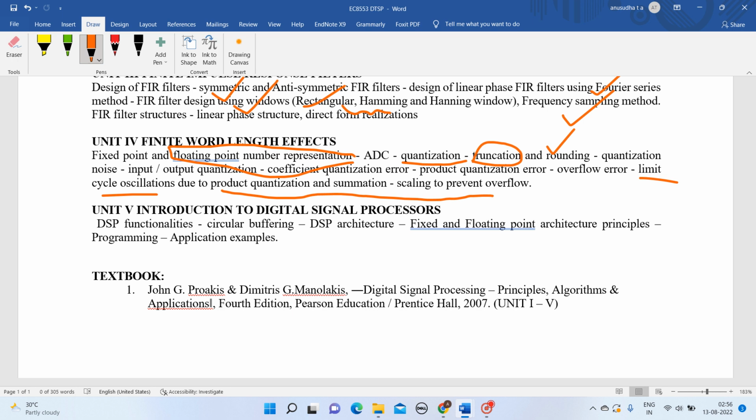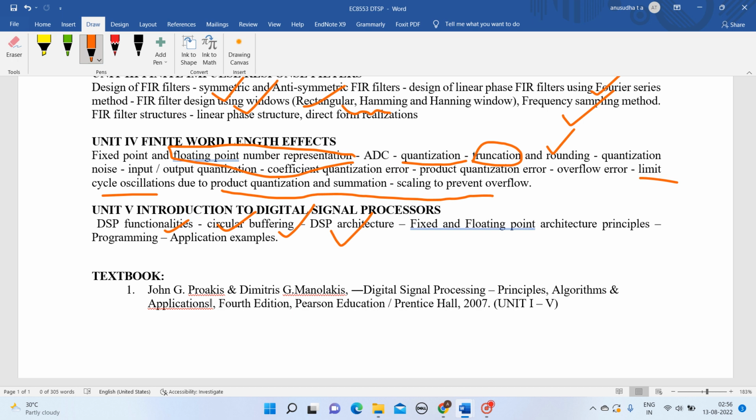From the exam point of view, DSP functionality, circular buffering, and DSP architecture, these three subsections are very, very important. Compulsory you will get a question on circular buffering and DSP architectures for 15 marks.